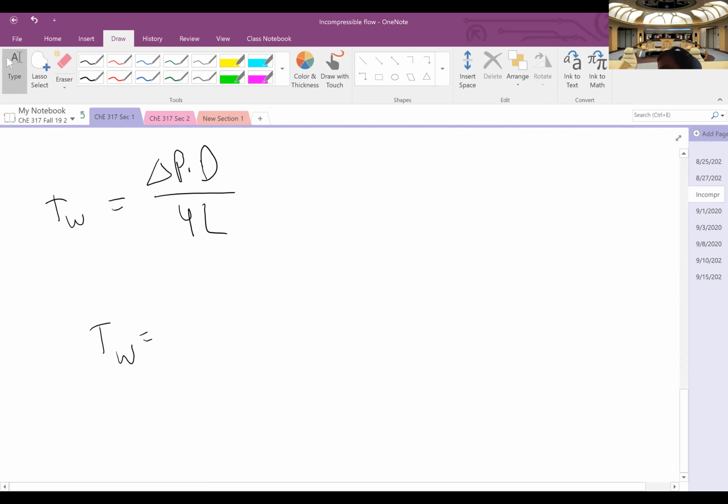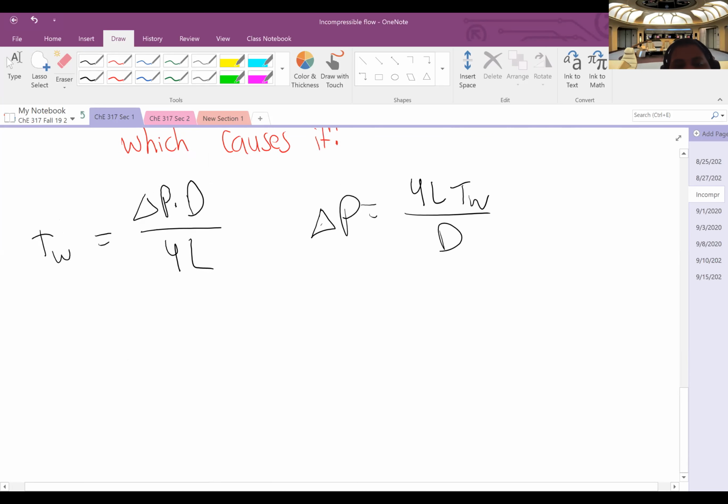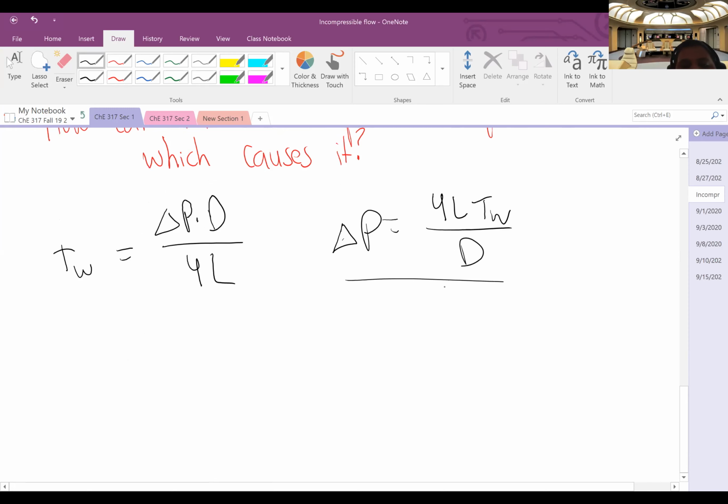I can say tau W, or sorry, solving for delta pressure. Delta P is equal to 4L tau W over diameter. And so with these two expressions, I can solve for either shear stress or pressure drop.